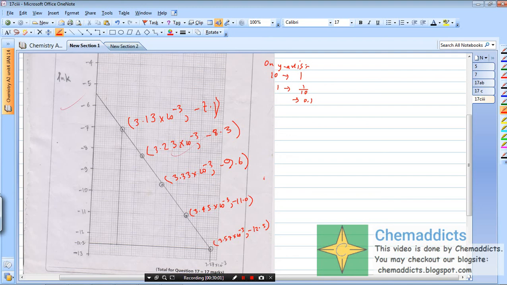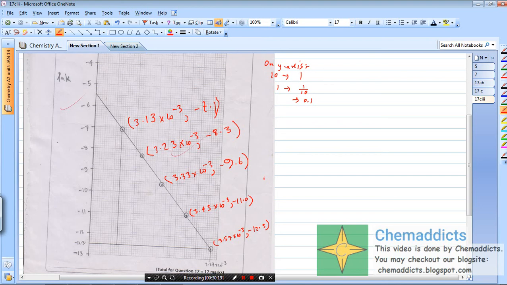Since we all know these points, this is 3.13 into 10 to the power minus 3 and minus 7.1, and this point is 3.57 into 10 to the power minus 3 and minus 12.5.